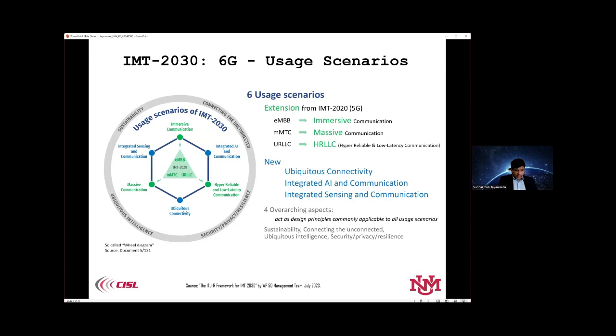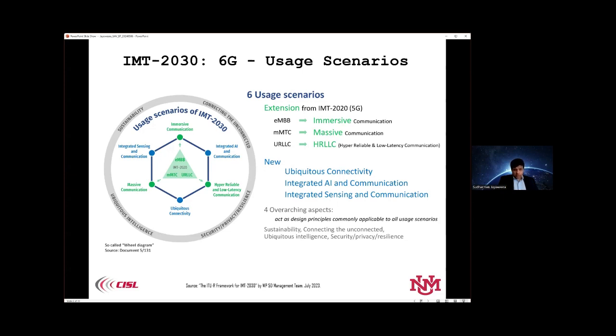In 6G, these are given new names. Enhanced mobile broadband has changed its name to immersive communications, to cover all the immersive applications: AR, XR, holographic communication, things like that. Massive machine-type communication is simply called massive communication, and ultra-reliable low-latency communication has changed its name to hyper-reliable.